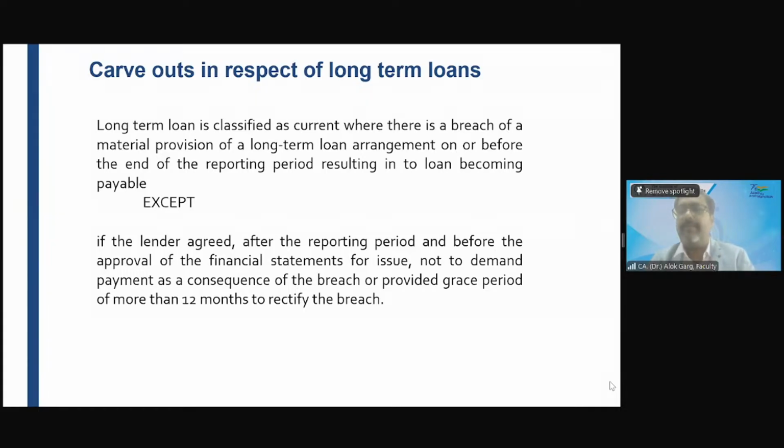It became a current liability because of the default, but now the default has been made good before the numbers become public, before the approval of the financial statements, and hence it will be considered a non-current liability. We will treat this event as an adjusting event.